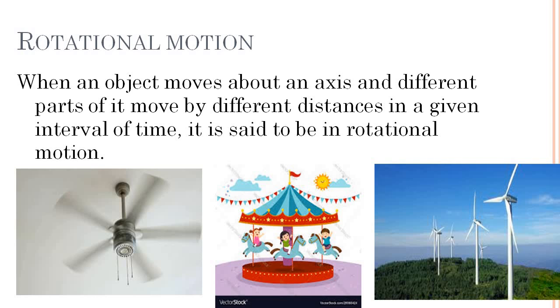So don't confuse between rotational and curvilinear motion. In rotational motion, the object moves about an axis and different parts of it move by different distances in a given interval of time. So this fan, merry-go-round and windmill exhibit rotational motion.